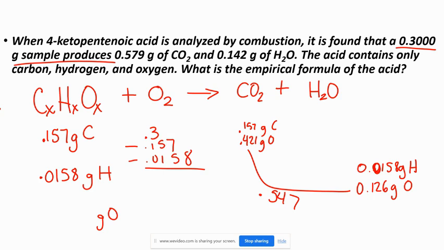And that gives me 0.126. We're still not done.